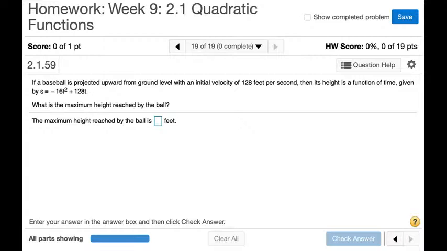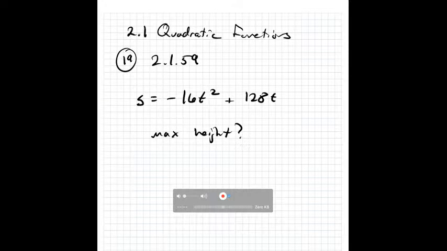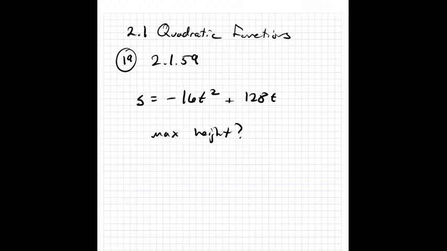So s is going to be negative 16t squared plus 128t. What's the maximum height? Let's make sure it's showing, and get rid of this, it's in the way. Okay, that looks good. So what's the maximum height?